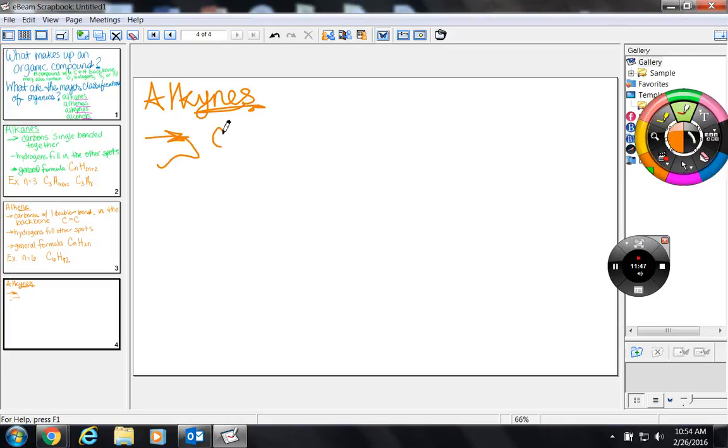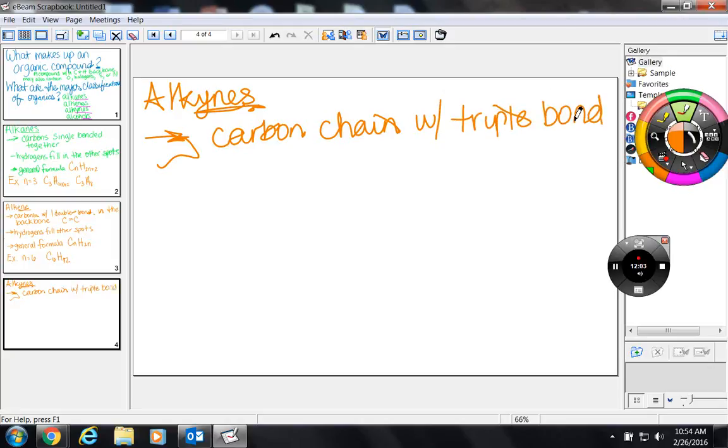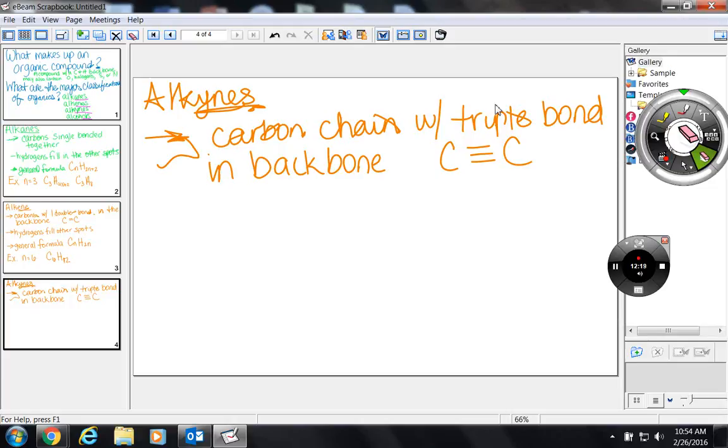So they're a carbon chain with a triple bond in the backbone, which will look like this. Hydrogens fill the other spots.